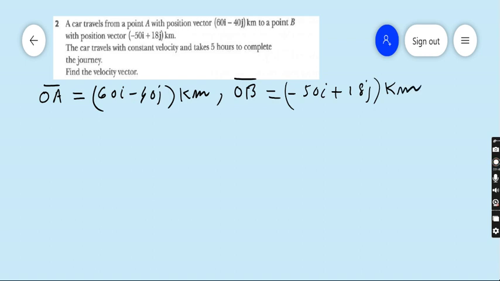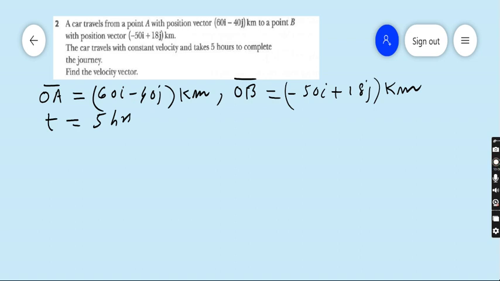The car travels with a constant velocity and takes 5 hours to complete the journey. So time is given as 5 hours. Find the velocity vector.